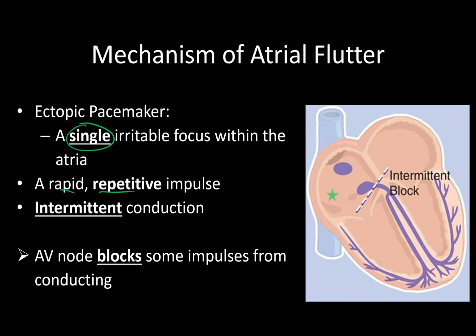In fact, there's the absolute refractory period. That prevents that AV node from responding to every single one of these beats that comes through. And so it leads to an intermittent block or intermittent conduction. The ones that do go through conduct normally.